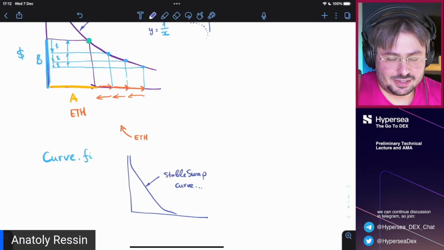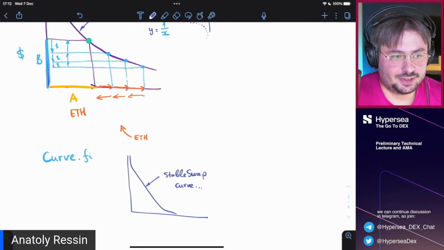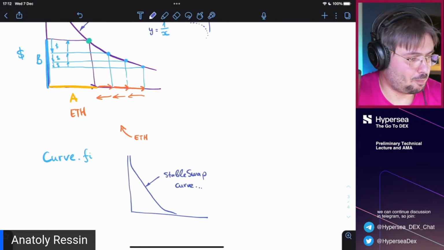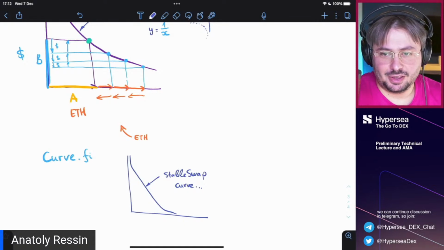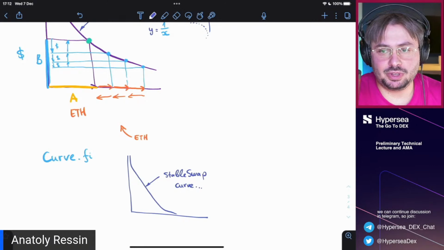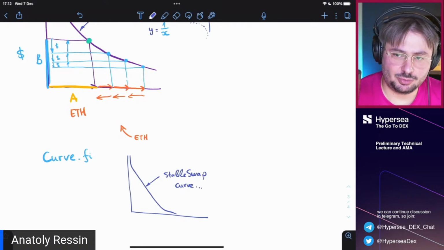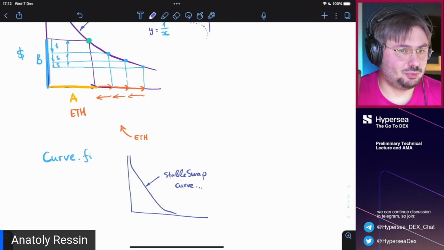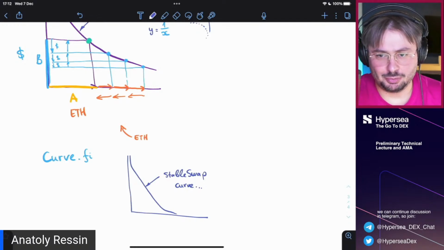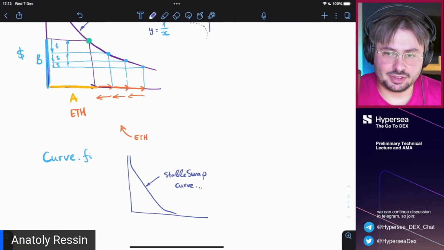And this is a very, very important notion: where curves are coming from. Why we should say that one curve is more effective or is more relevant to the market or market conditions than the other.